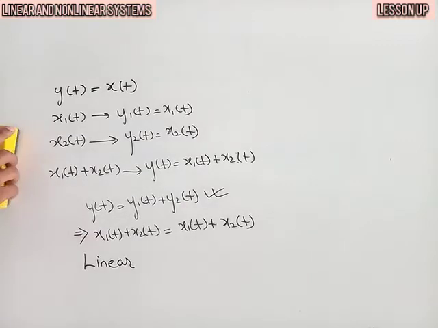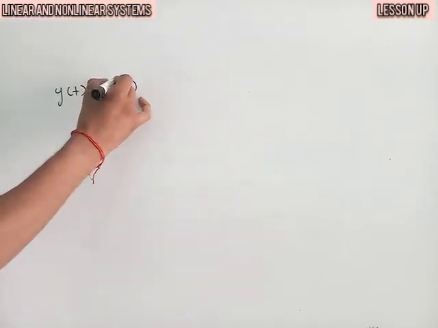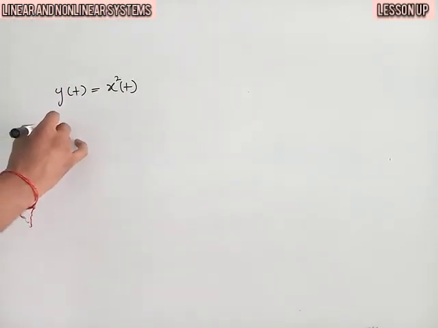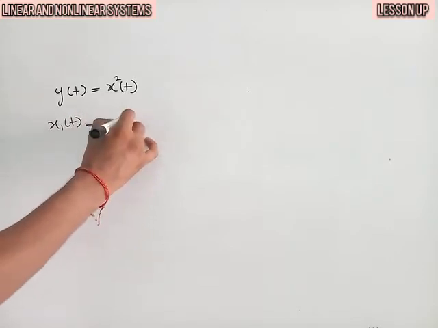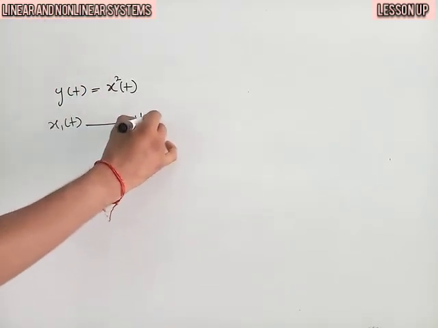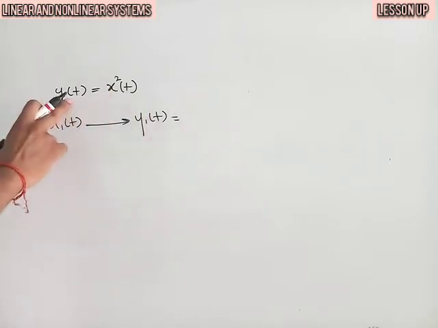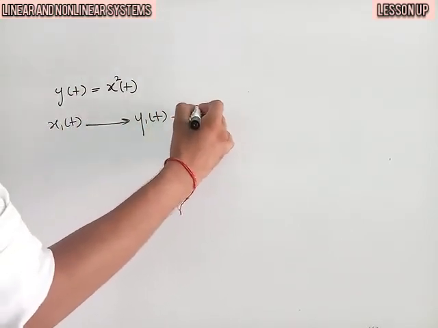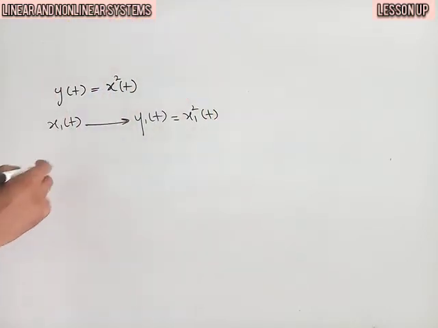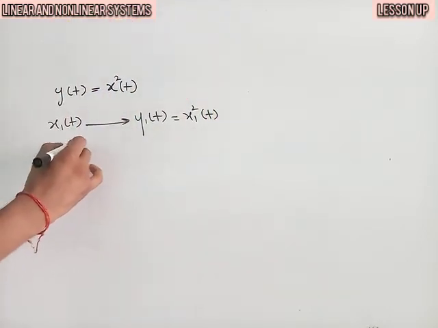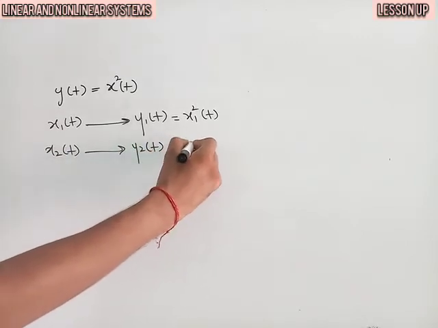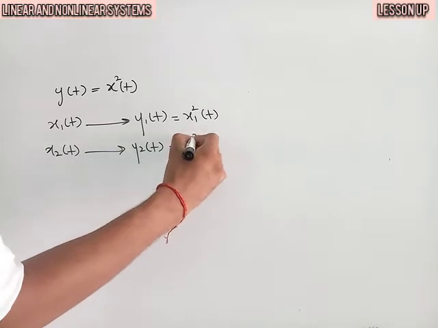We will see one more example. If y of t is x of t square. So, if we give input x1 of t in this system, we will get output y1 of t, and we all know y of t is the square of the input, that is x1 of t square. If we give x2 of t, we will get y2 of t, which should be equal to x2 of t square.